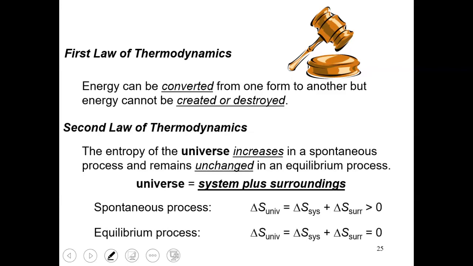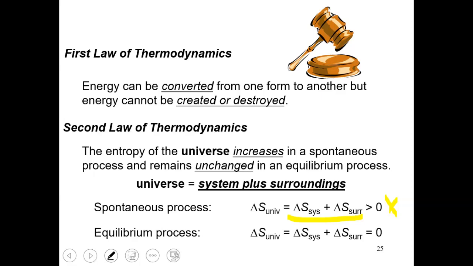Notice that all we're requiring for a spontaneous process is that the sum of these two changes be positive. That means that even a process that has a negative delta S can still be spontaneous if the corresponding change in the surroundings is bigger and more positive, right?